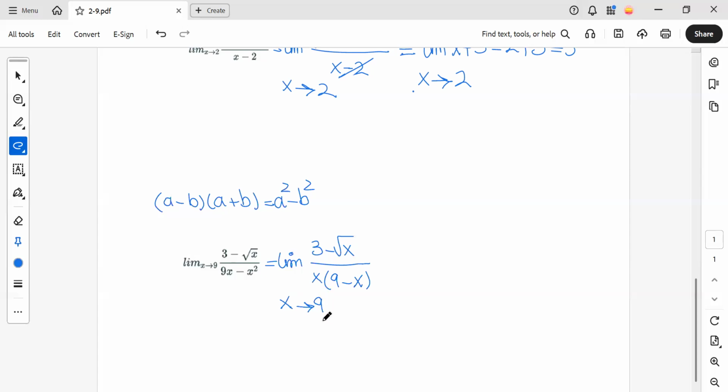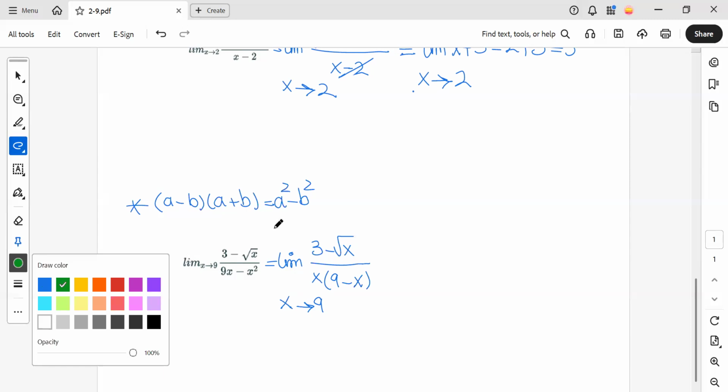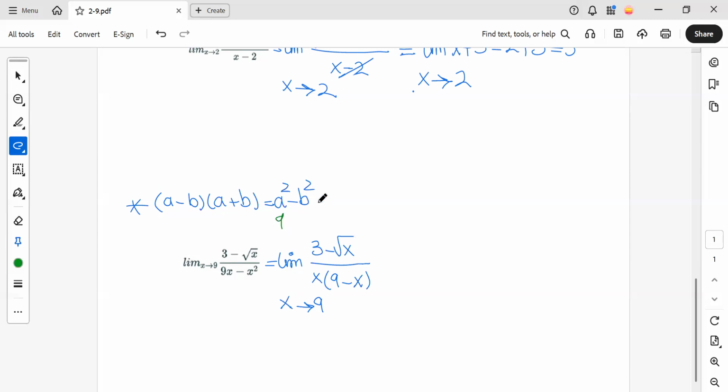When I use direct substitution here, it would be 0 over 0, which is undefined. But using this formula, and instead of a squared, I would imagine that it is 9, and instead of b squared, it would be x.